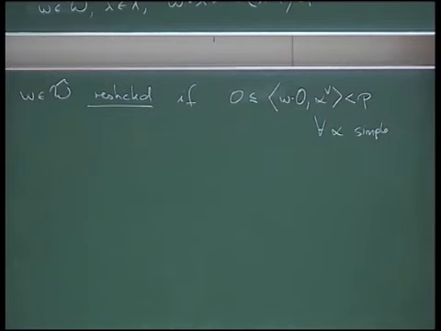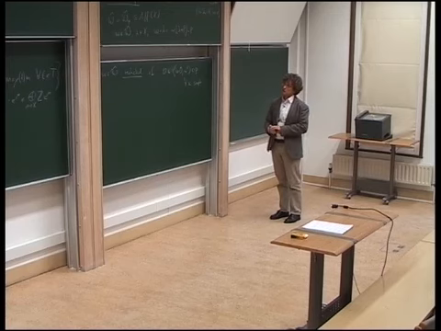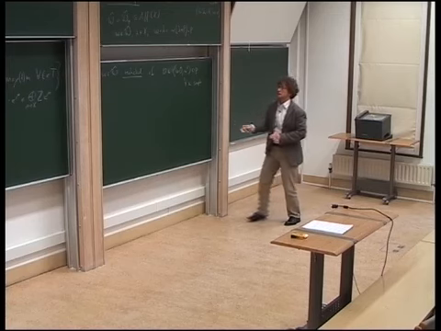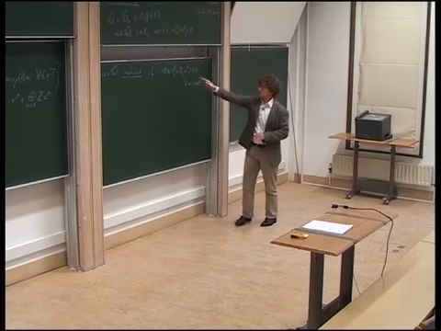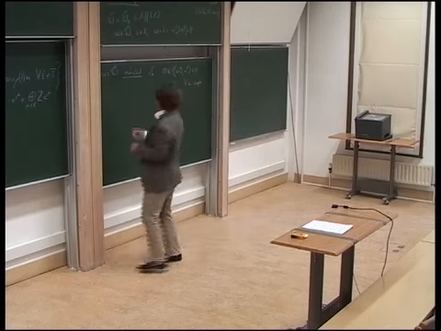So this is a finite set inside W hat. So W hat is an infinite group, but it contains this finite set of restricted elements.